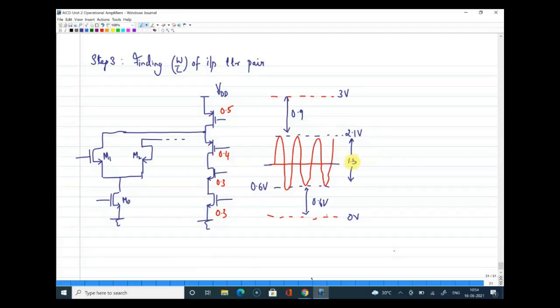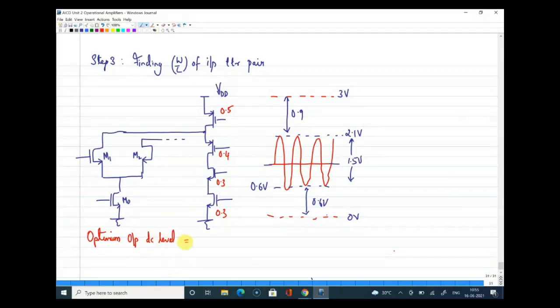Now, if I want to find the average output common mode level, I will mention it as the optimum output DC level.